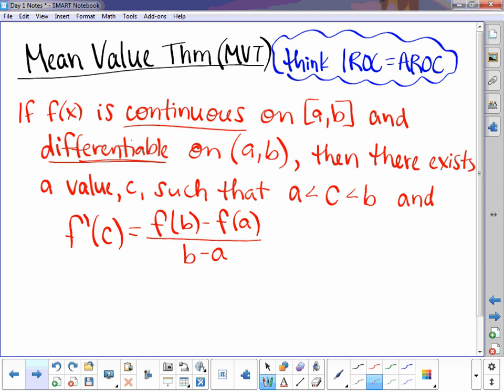So again, what we have here is my instantaneous rate of change, I rock. And on the right here, it's my average rate of change, A rock. Instantaneous rate of change is just your derivative. Average rate of change, that's your algebra 1 slope.